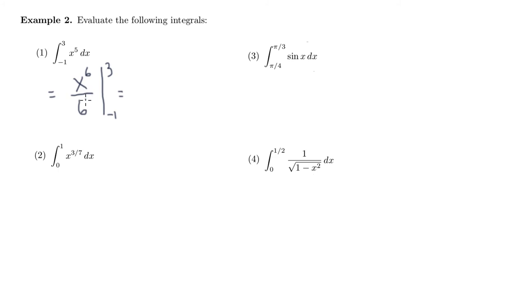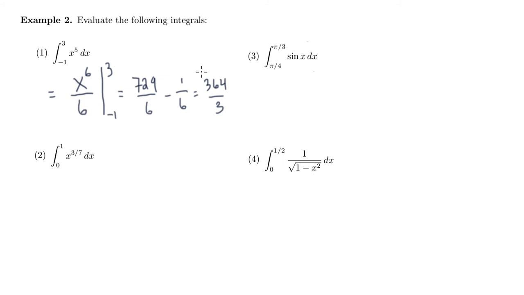Well, we have 3 to the 6th over 6, so that's 729 over 6. And then minus, if we plug in -1, we get (-1) to the 6th, which is 1, so 1 over 6. And this simplifies down to 364 over 3.